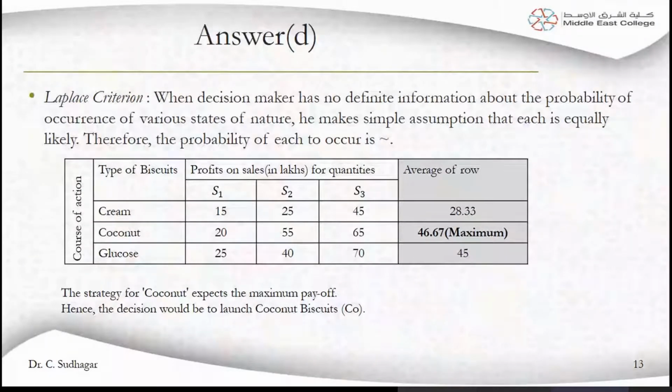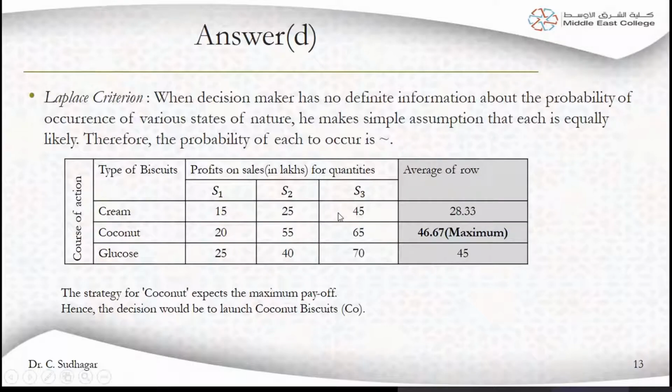Now the Laplace criterion. Here there is no probability given. If the probability is given, you should multiply with the probability. But if there is no probability, it means all of them are equal. So if all of them are equal, what you can do is simply find the average of these three things.